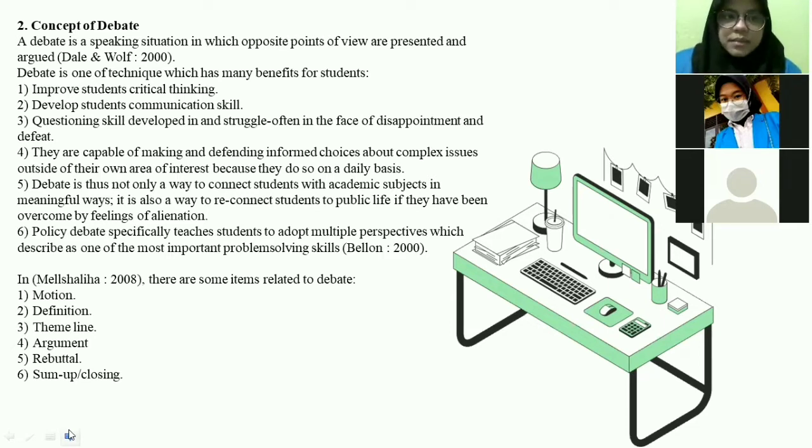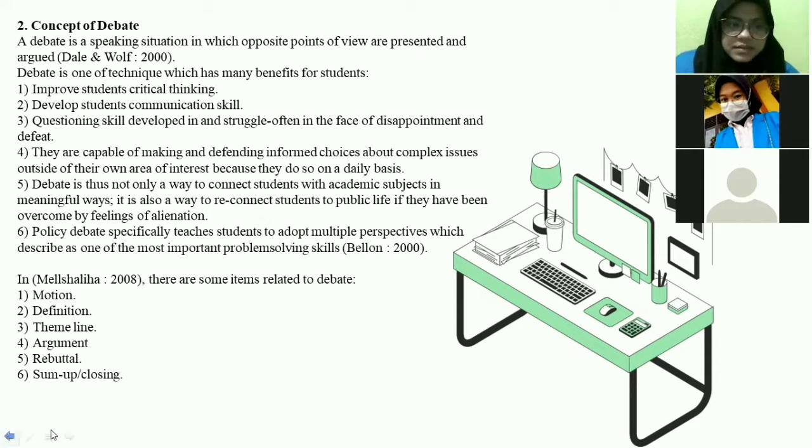Policy debate specifically teaches students to adopt multiple perspectives, which describes one of the most important problem solving skills. And there are some items related to debate. First, motion, second, definition, third, deadline, fourth, argument, fifth, rebuttal, and the last, sum up or closing.